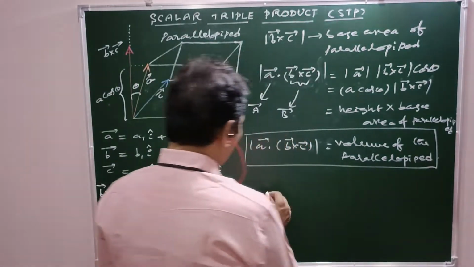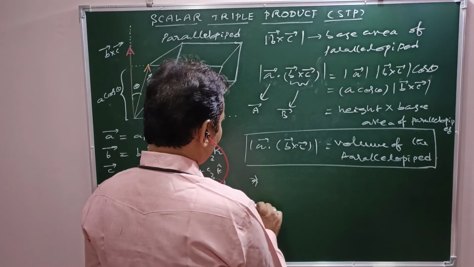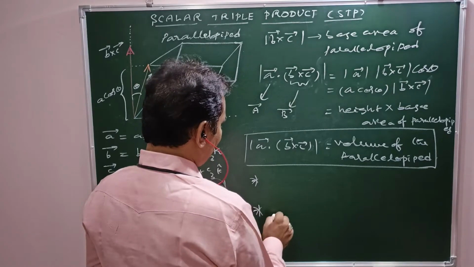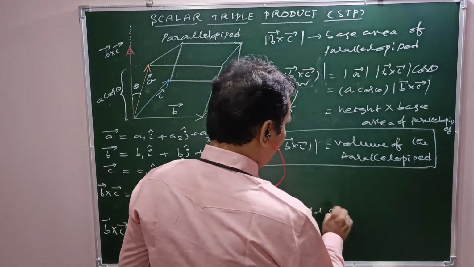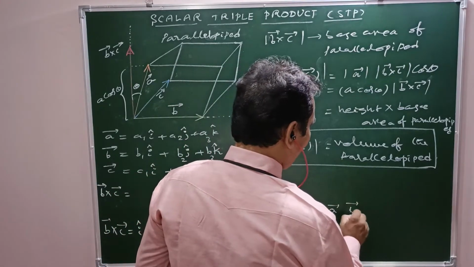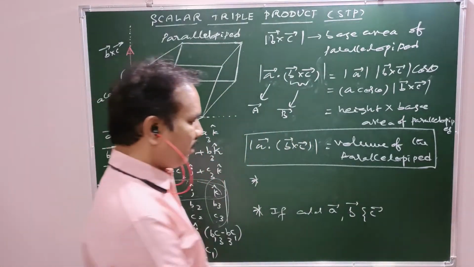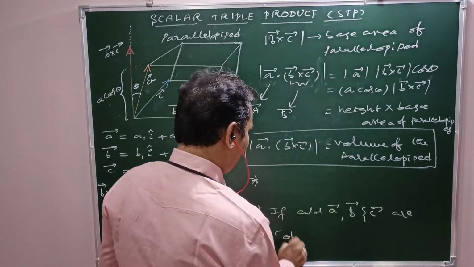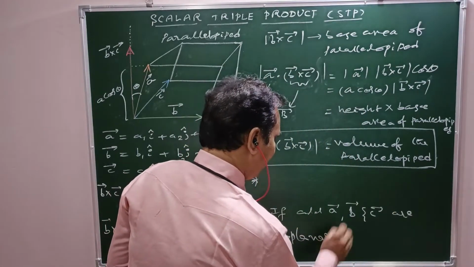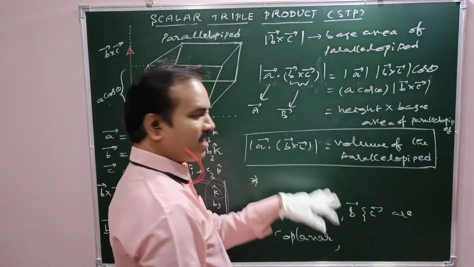Very important formula. That is, if all vectors A bar, B bar and C bar are coplanar, then scalar triple product becomes equal to 0.